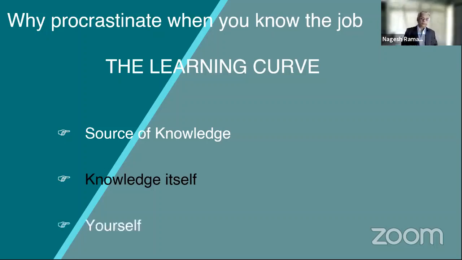So this focus shifts on the knowledge itself. Later on, the focus shifts on you yourself. What is it that I am lacking, that I now have to go back to the source of knowledge? Remember, we are talking about learning in a project. You don't know everything that happens in the project. You're only a part of the component. You are looking at only a component.